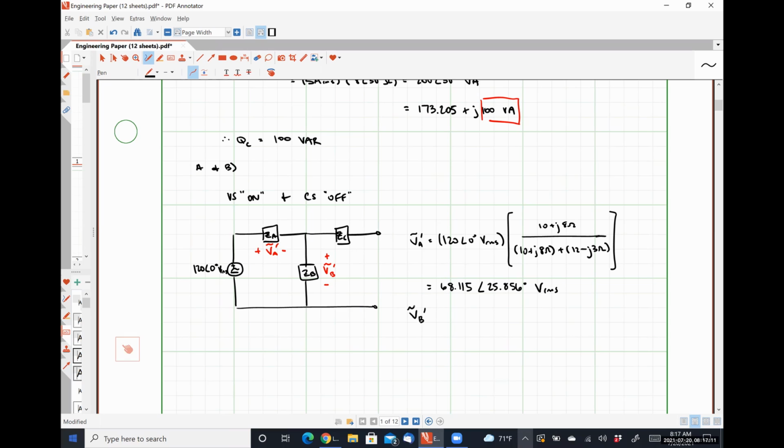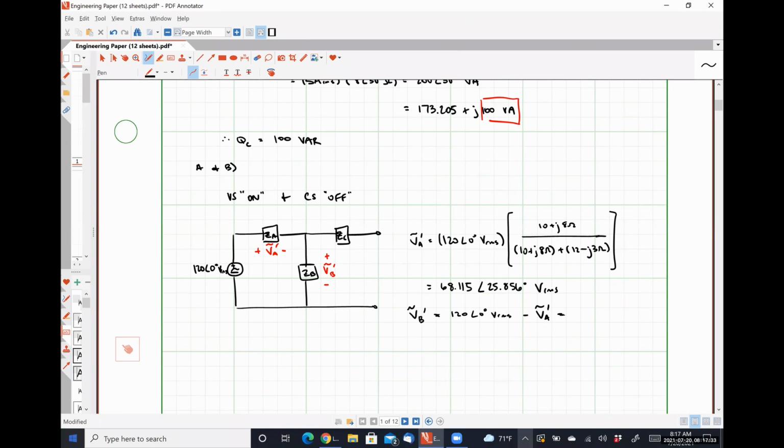And then VB prime, I could do voltage division again but I'm not going to. I can say that VB prime is 120 angle 0 degrees VRMS minus VA prime.